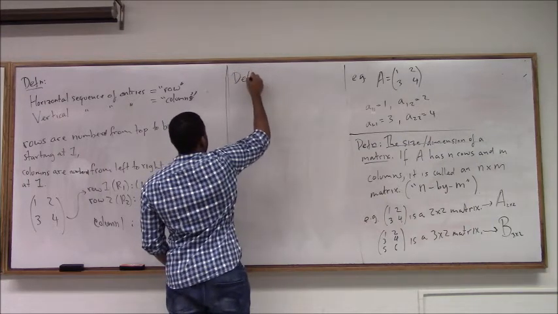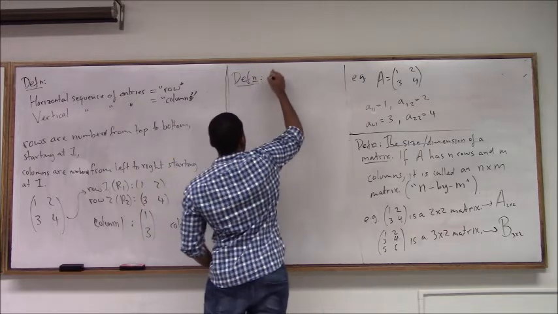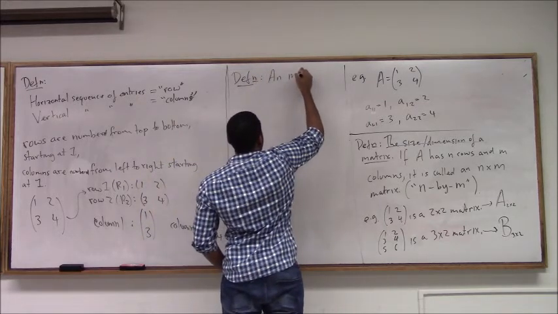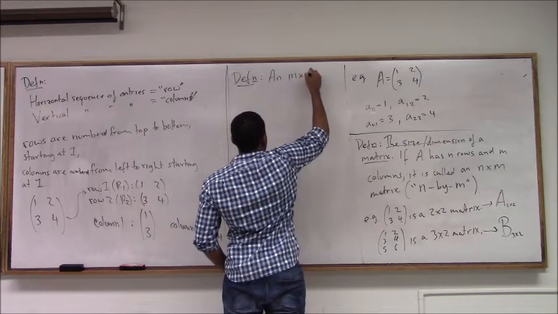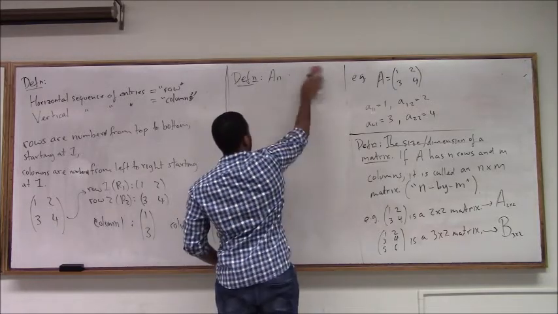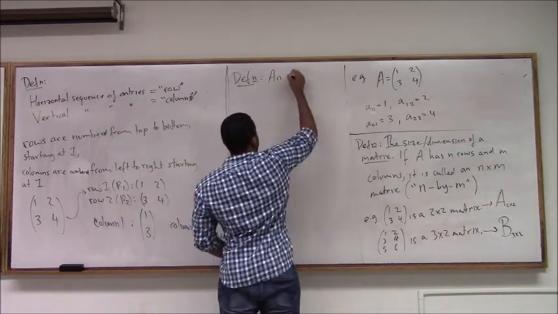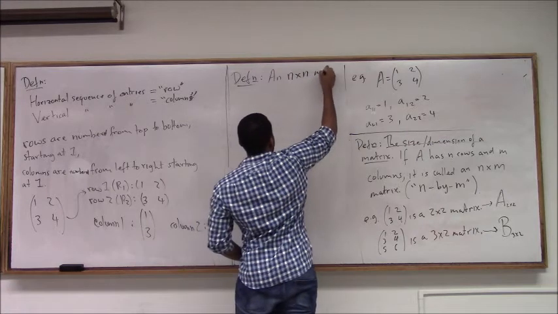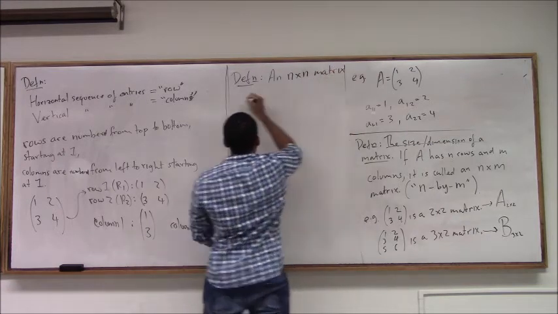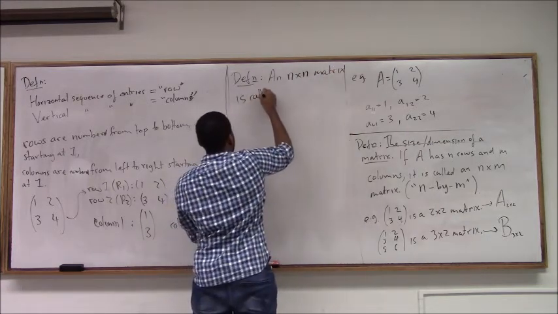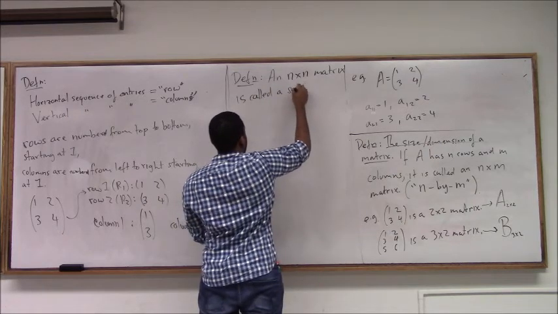Definition. An n by n matrix is called a square matrix.